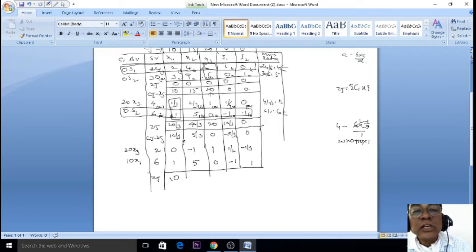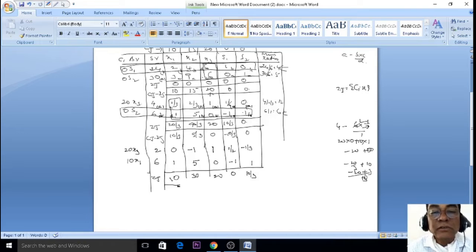Like this, 20 into minus 1 minus 20 plus 10 into 5, 50, that is 30. 20 into 1 plus 0 into 0, 20. 20 into 1 by 2 minus 10 into 1, 0. 20 into 1 by 3, minus 20 by 3 plus 10. Taking 3 as LCM, minus 20 plus 30, 10 by 3.